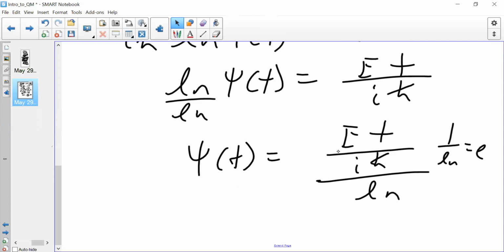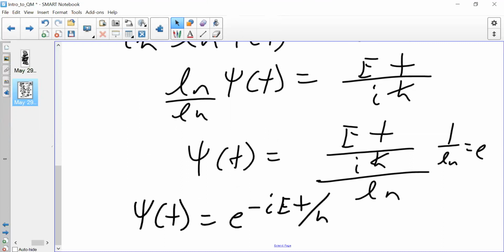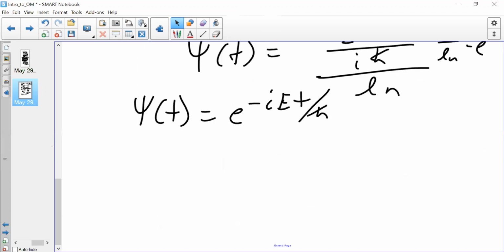And then we flip this up, it becomes a minus sign. It's a little property of the i. So iEt over ħ. And I mentioned from first principles hf, this is the Planck formula.